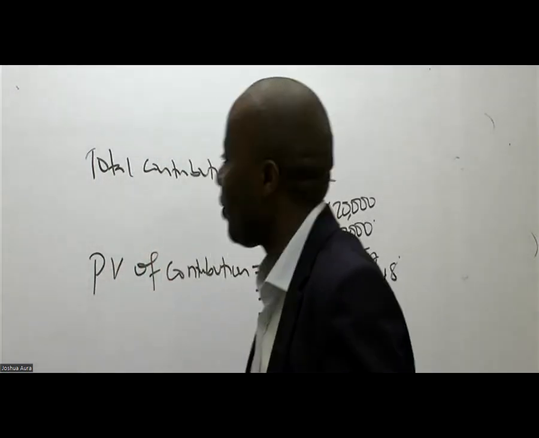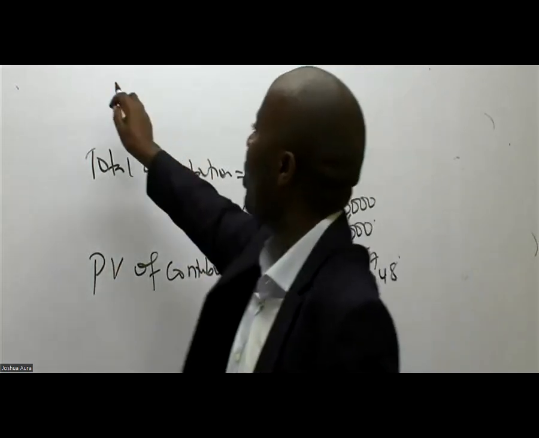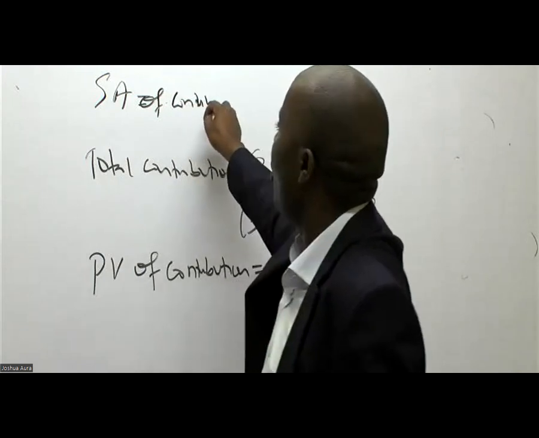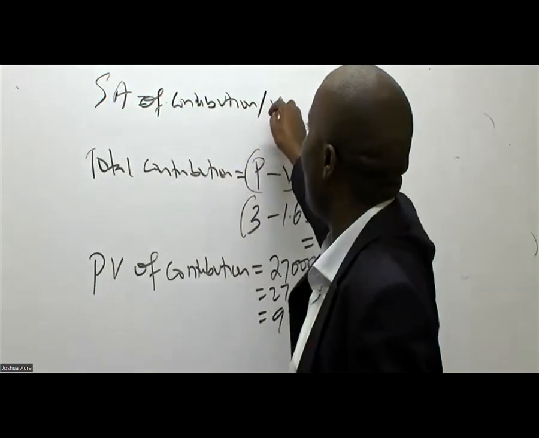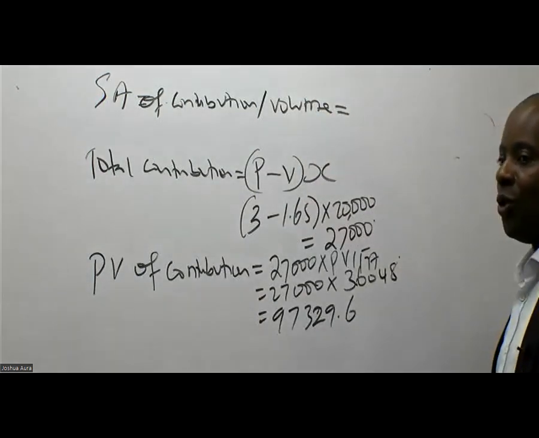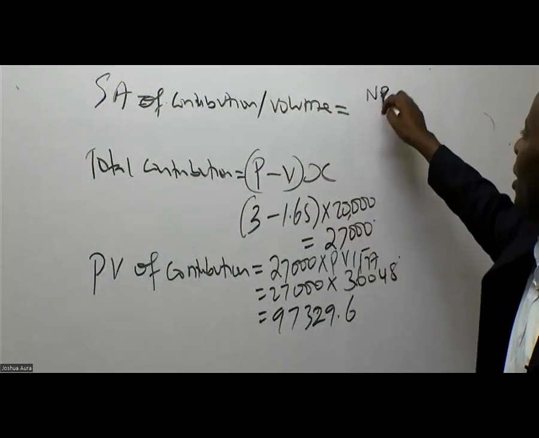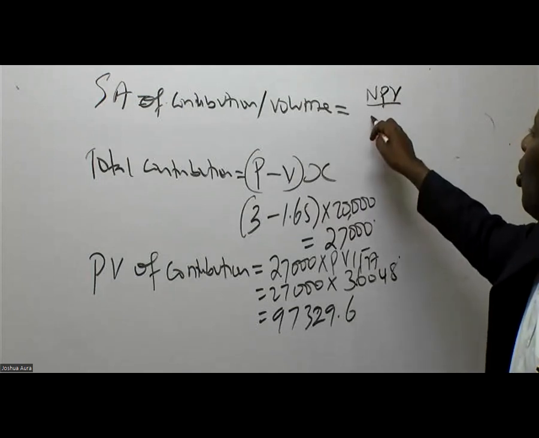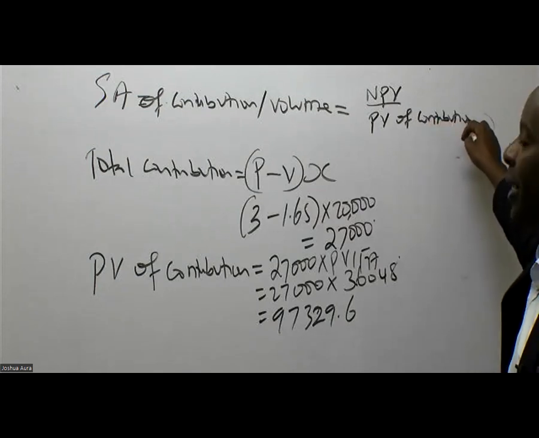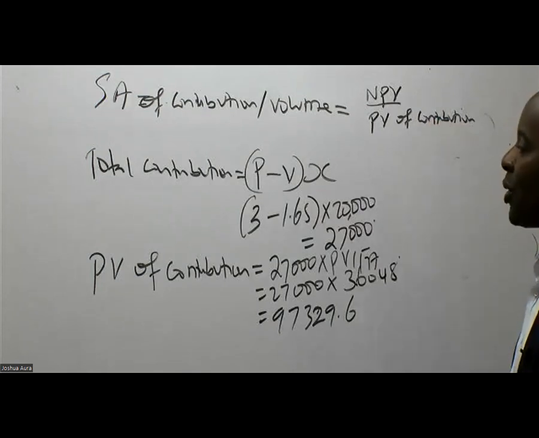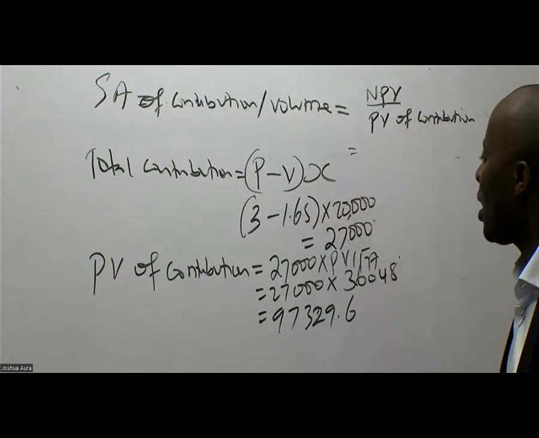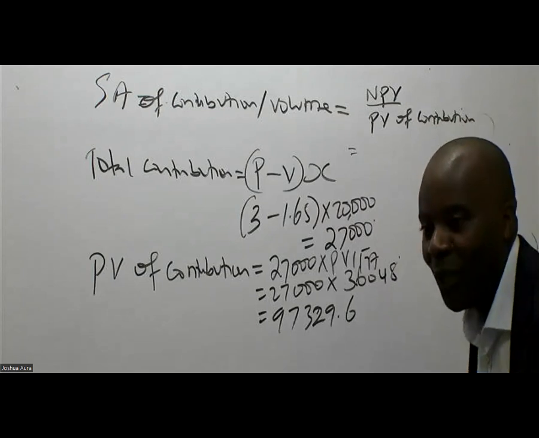So how do I get my sensitivity analysis? To get my sensitivity analysis of contribution, which is the same as a sensitivity analysis of volume, I need to compute the net present value over the present value of contribution. For the net present value, I have forgotten the figure that you guys gave me.